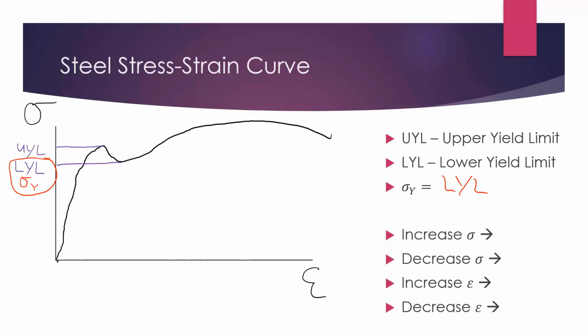When we're increasing our stress, that corresponds to loading. Anytime you have stress increase, that means the load is increasing. Decreasing would indicate that you have unloading occurring, because your force is going down.